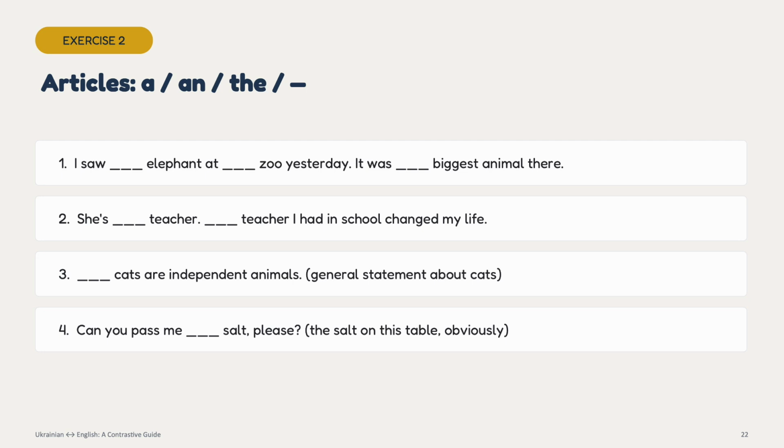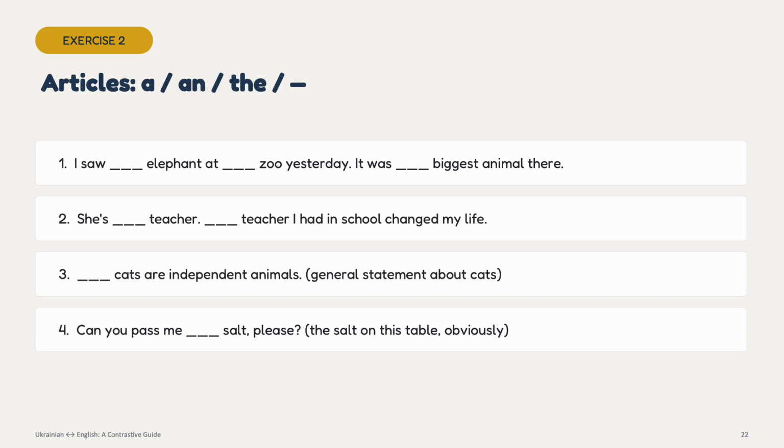She's a teacher. The teacher I had in school changed my life. Okay, Linda, is it correct? It could be, absolutely. She's a teacher. The teacher I had in school changed my life. Okay, why does it have to be exactly like this?